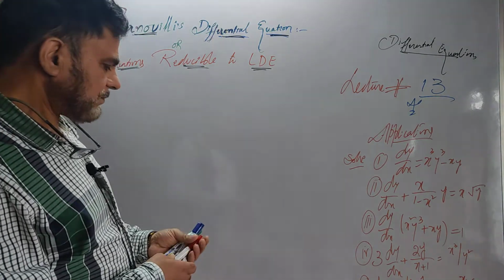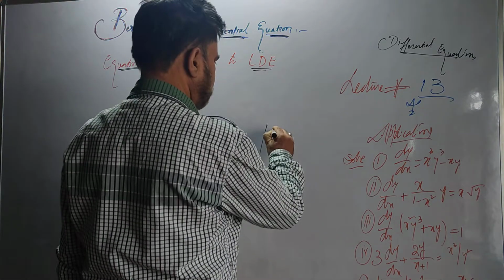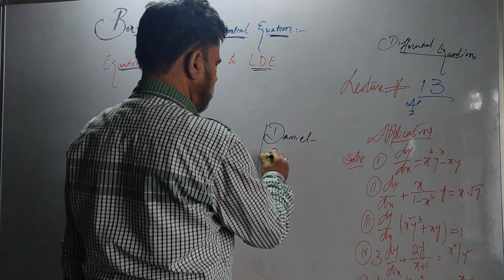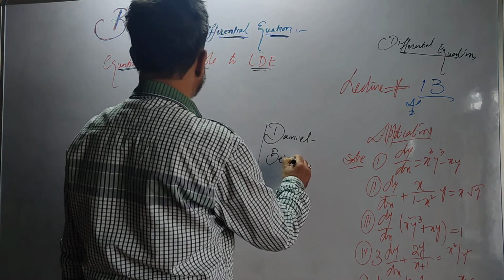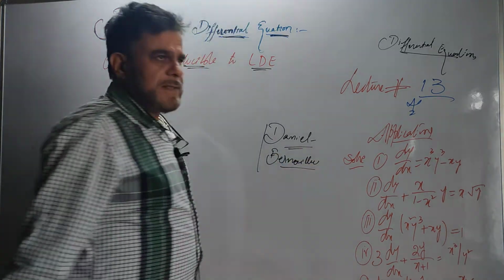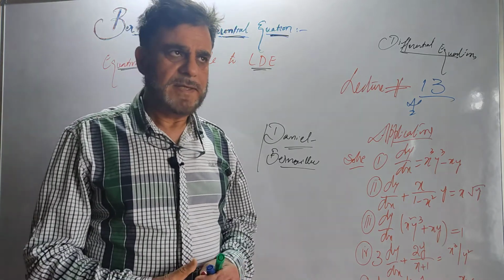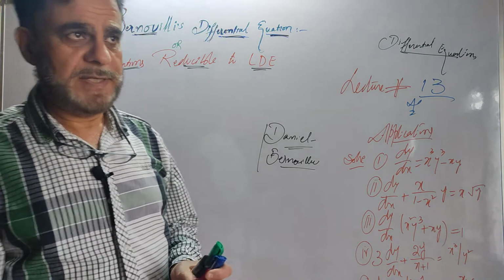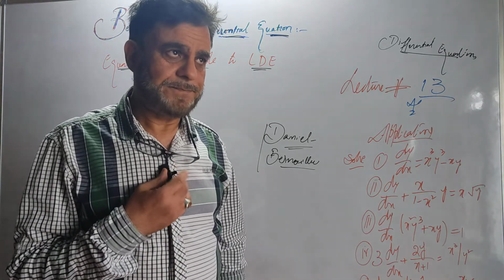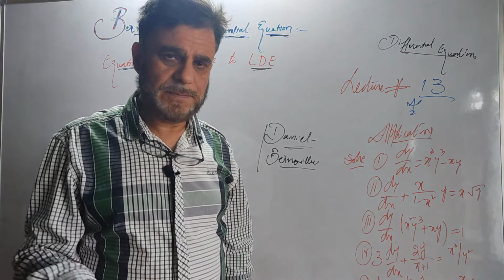Actually, it is Daniel Bernoulli, a great Dutch mathematician. His equation is very important. He has proved that in physics, dynamic pressure plus static pressure is equal to total pressure.